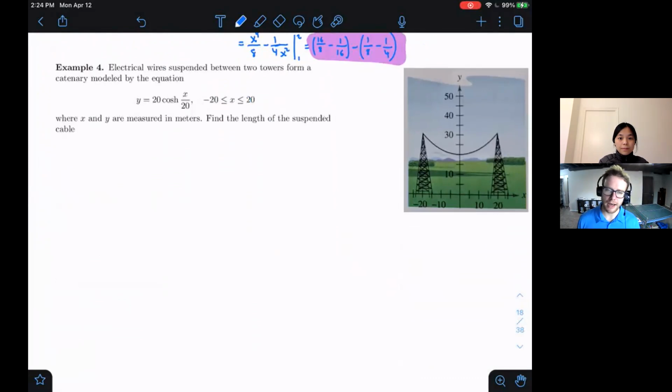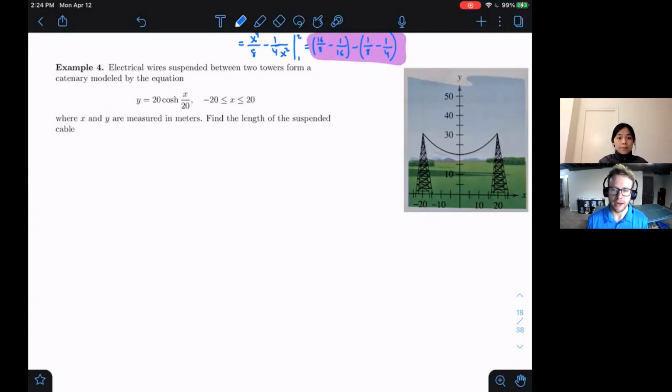This one combines not only the stuff about arc length, but also we learned about hyperbolics, right? And you get a little bit of a real world problem. When you hang wire like this, even though it kind of looks parabolic, it's actually not. It is modeled by a hyperbolic cosine in this case. So this is the actual accurate model for this.